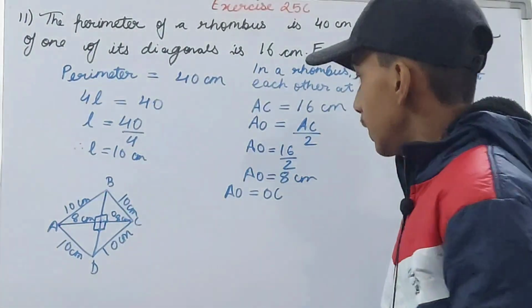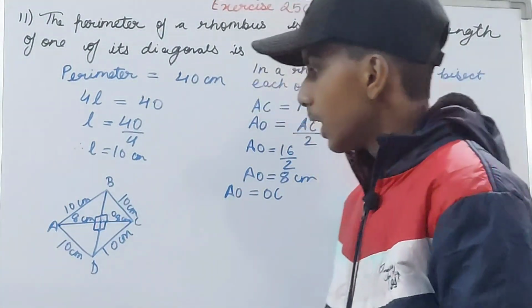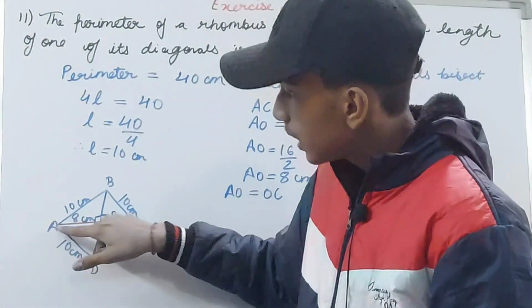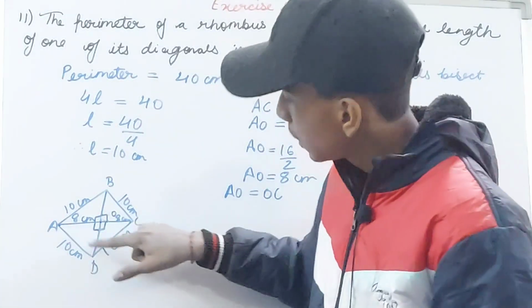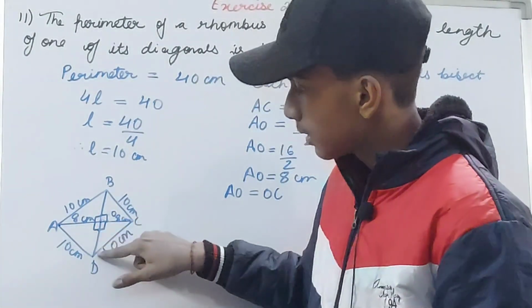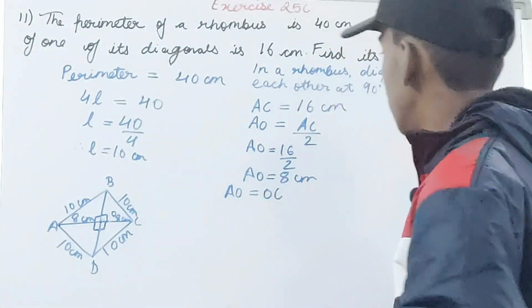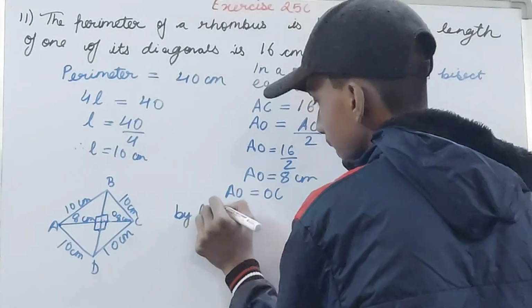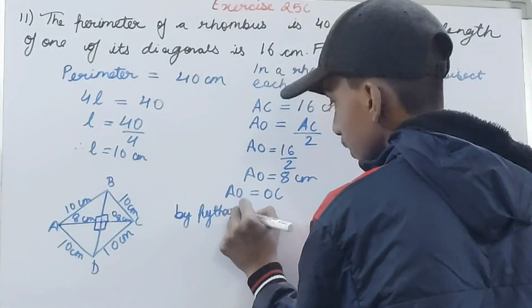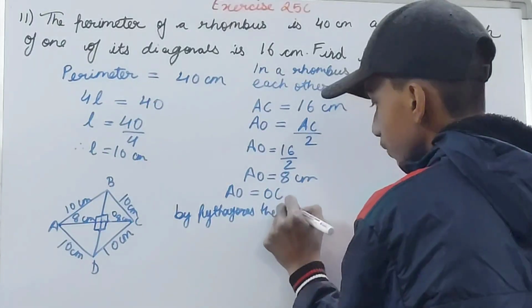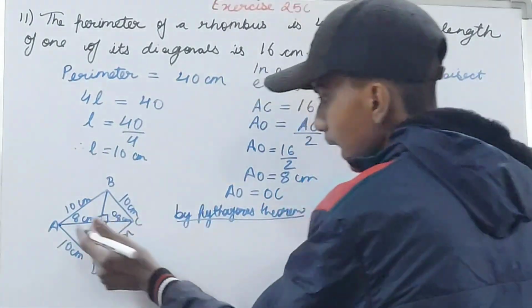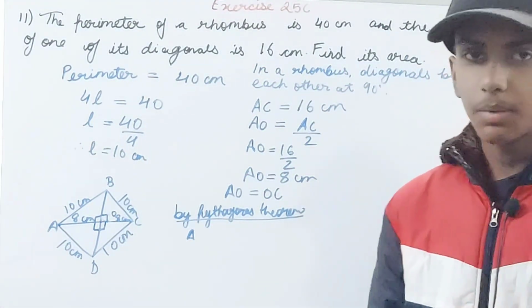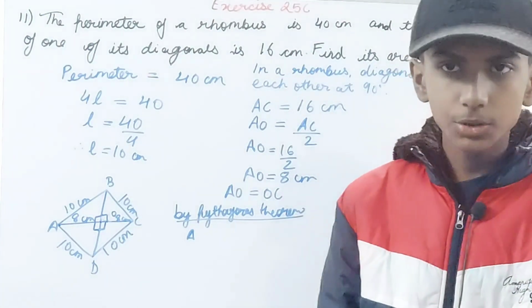Right, now leave it over here. What we have got is one length AD, 10 centimeters, another is AO, 8 centimeters, and OD is missing. So I will use the Pythagoras theorem. We know the Pythagoras theorem is base square plus perpendicular square is equal to hypotenuse square.